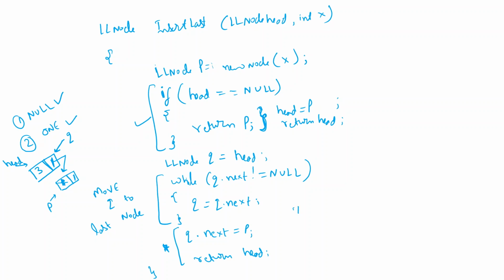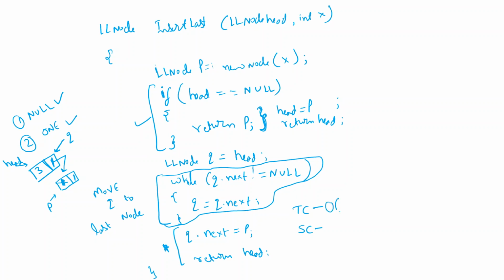Now talking about time complexity and space complexity for these programs, if you see, the only time we are spending is over here for this while loop. All others are just a single statement which are not depending on the length of the linked list. This is just one while loop which is depending on the size of the linked list, right?